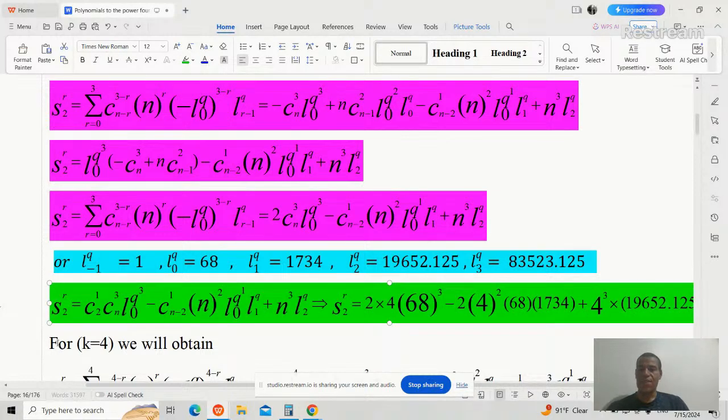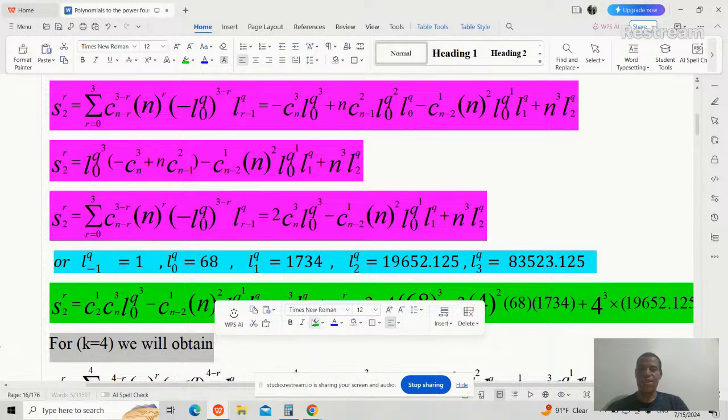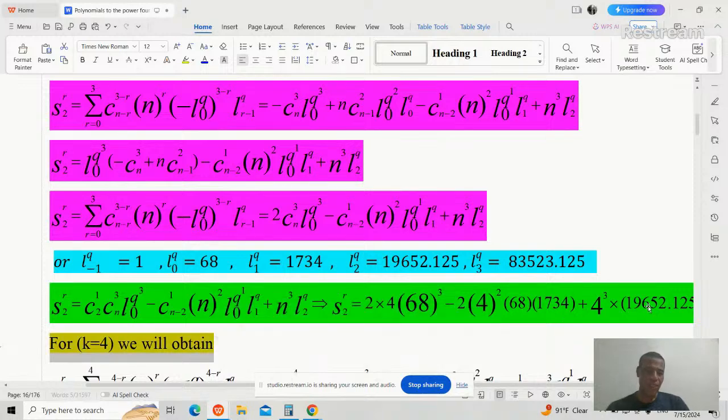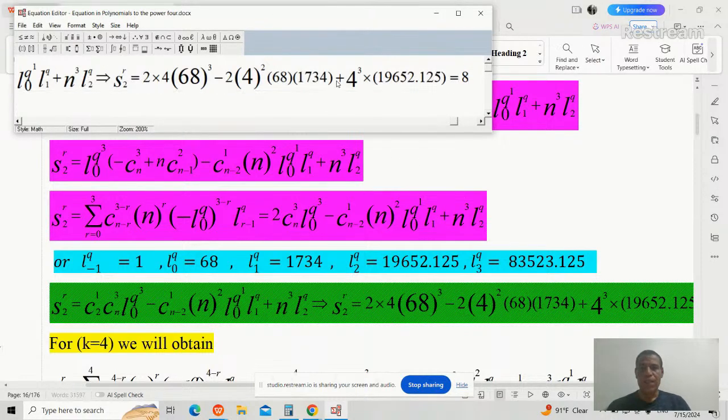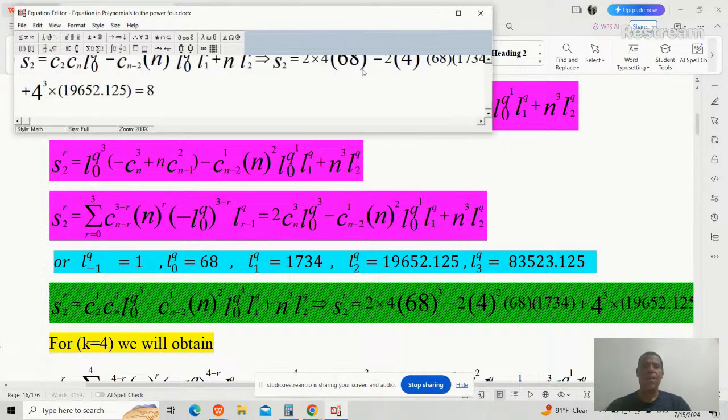Hi, learners, you have your calculator. Please try to work out the value of this. I will make here plus, then enter. Okay, it comes like that.